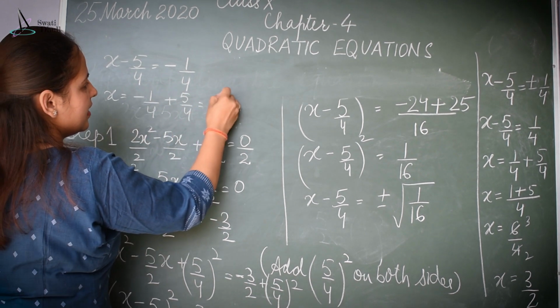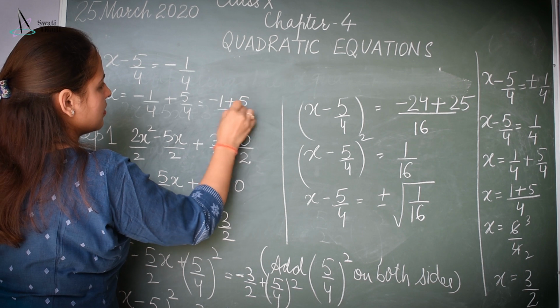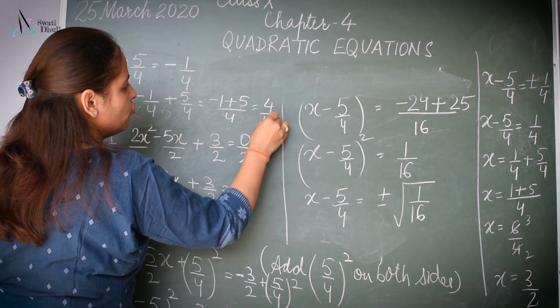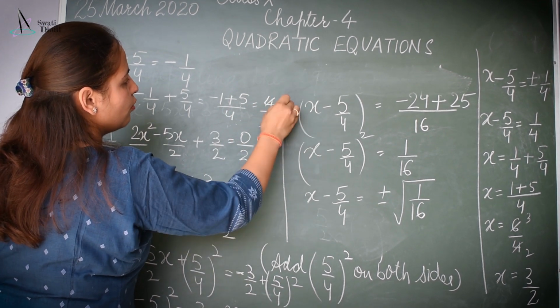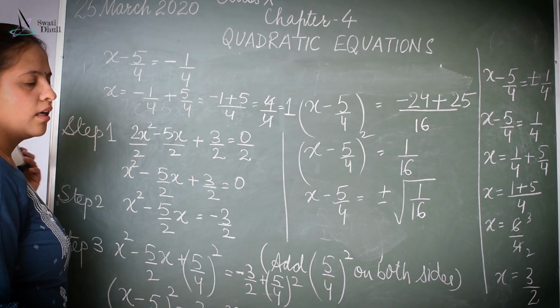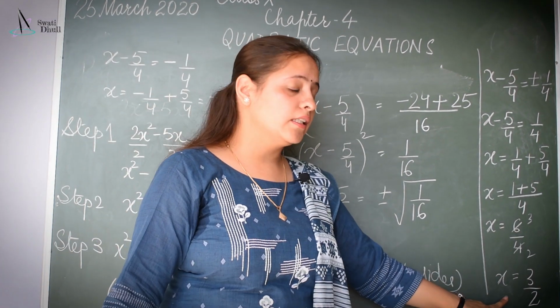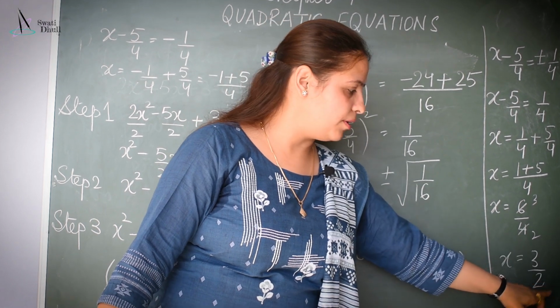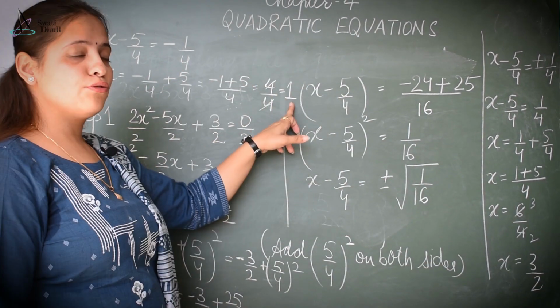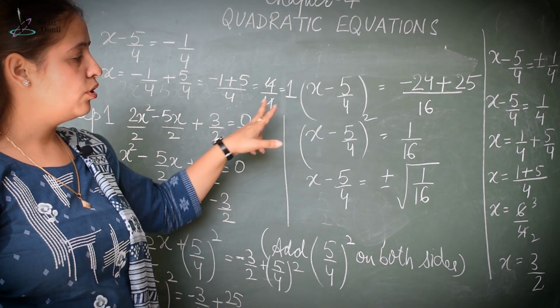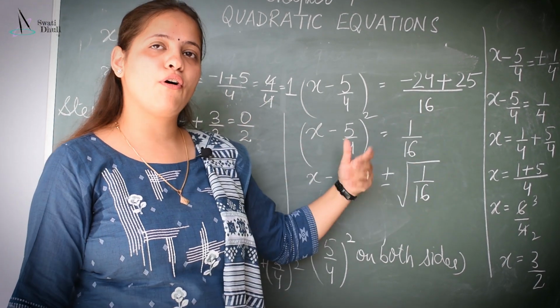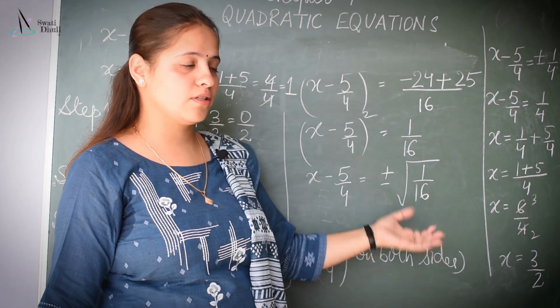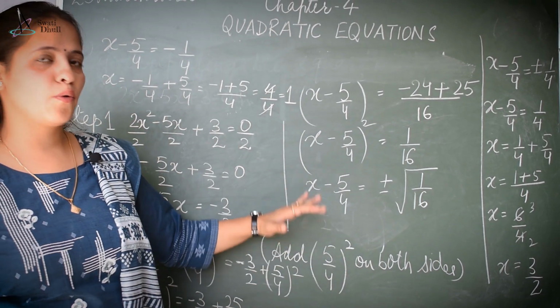When you take the LCM, it is 4 by 4, and when you reduce it to the lowest terms, you will get 1. Now I have found the two values, x equal to 3 by 2 and x equal to 1. So these are the two roots or zeros or the solutions of the quadratic equation by the completing the square method.